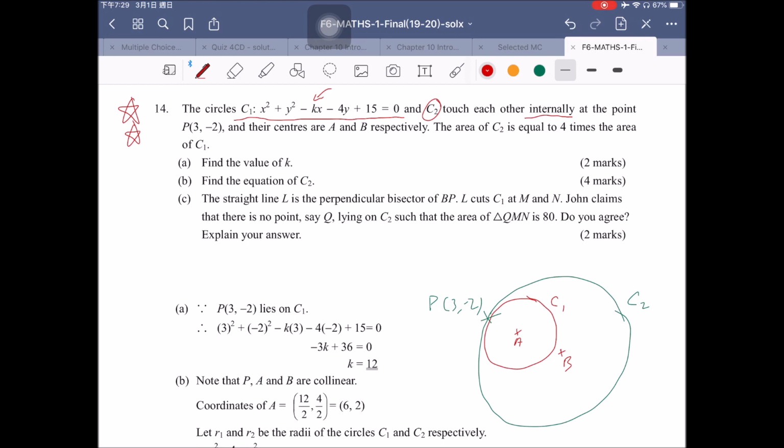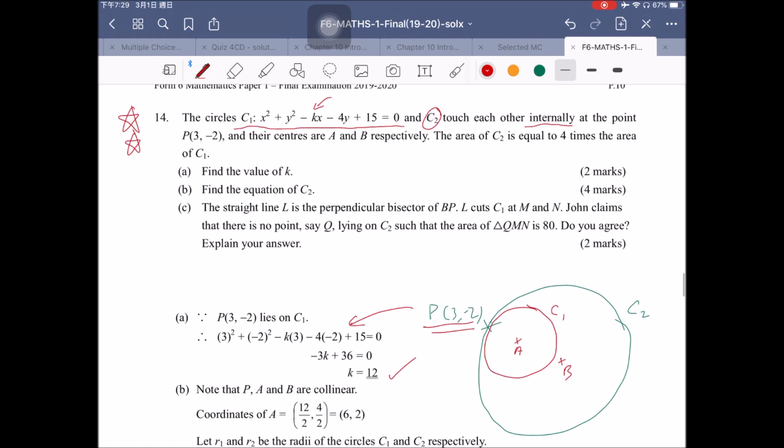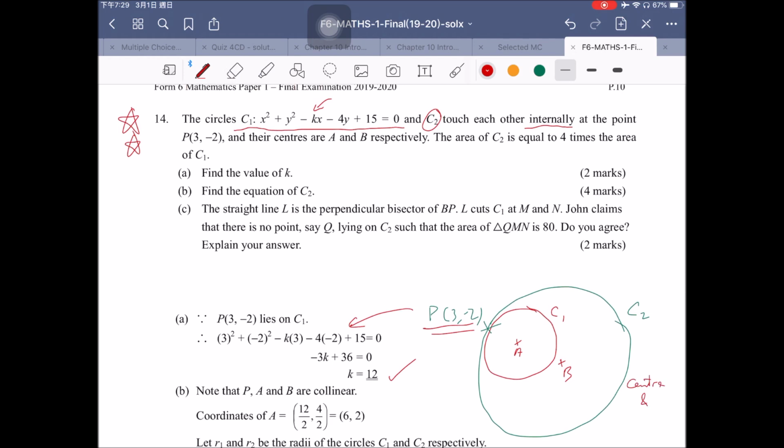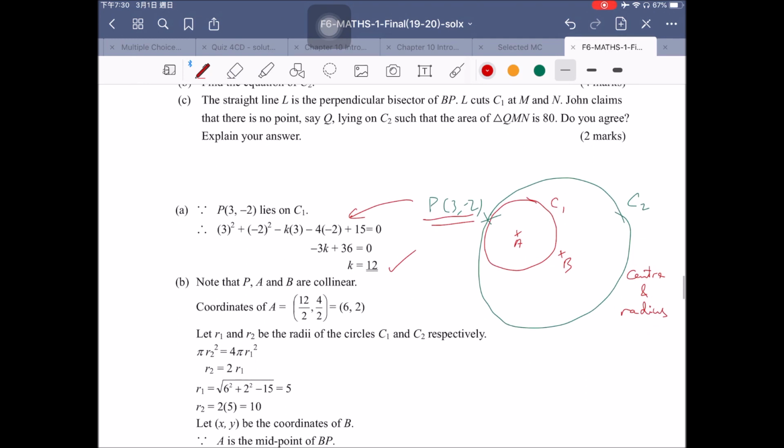You just put this value into the equation and then you can find out the K. And then find out the equation of C2. You need the center and radius. Okay, because you have the equation of C1, so the center A, you can find it out, and the radius of the small circle and big circle. Because the area is 1 to 4, therefore the radius is 1 to 2.